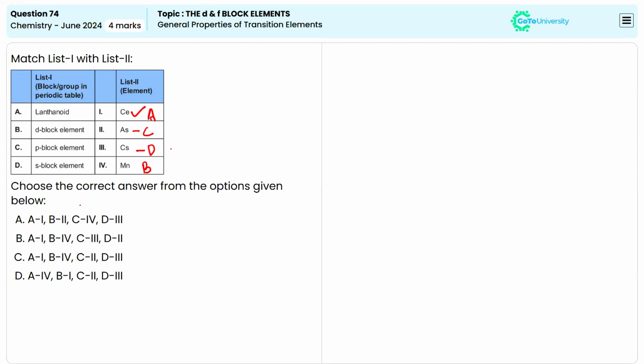So for the first one, cerium. Okay. Then D block element is, yeah, manganese. Then P block element, yes. Then S block element, yeah, fine. So this is the correct classification. Fine. The simple question, right? Yeah.